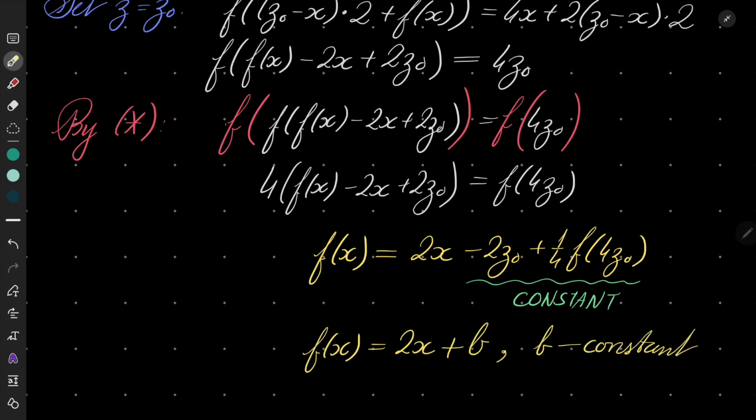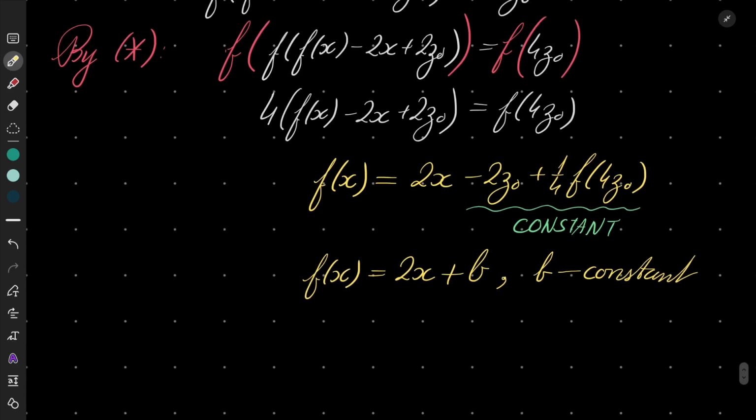Okay, so we have now established our possible family of solutions, but now, very important, we need to verify it. We need to check if these functions really satisfy our equation. So verification step.